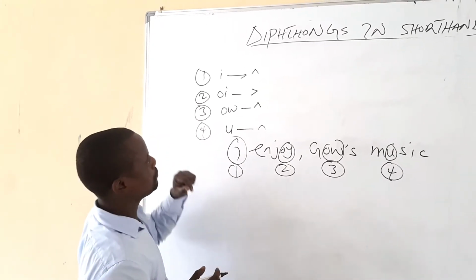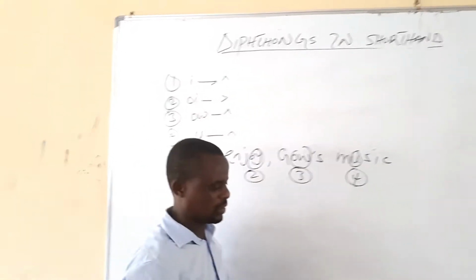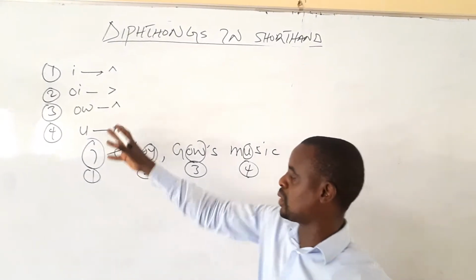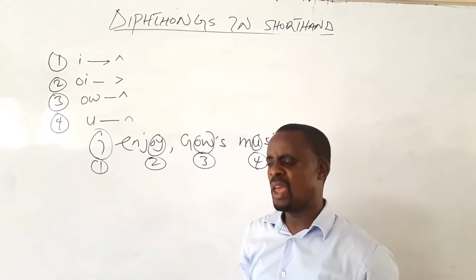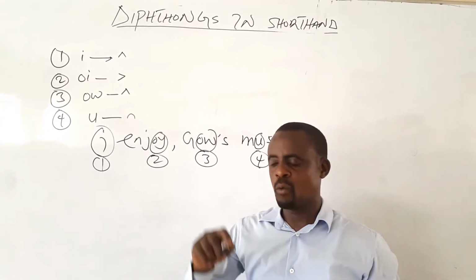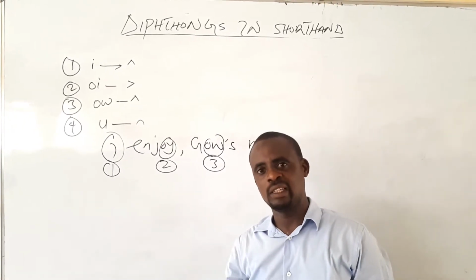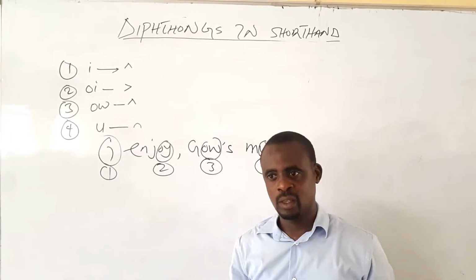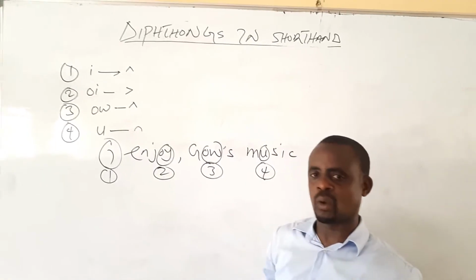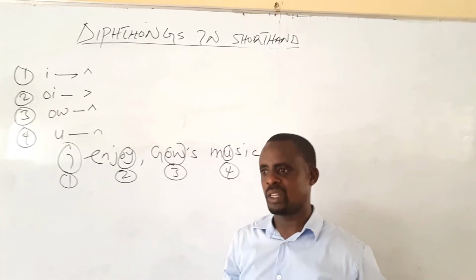Okay, now the formations. When you have these diphthongs in a word, as you know we said in shorthand, the first vowel in a word determines an outline. This means that even with diphthongs, you have to look in a word, is it a diphthong?